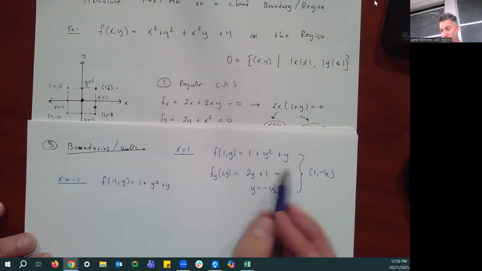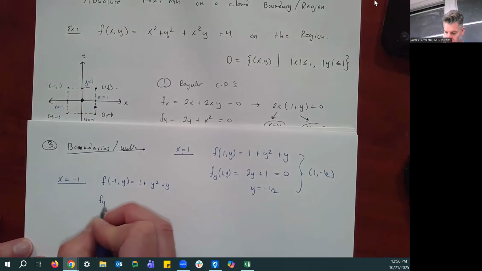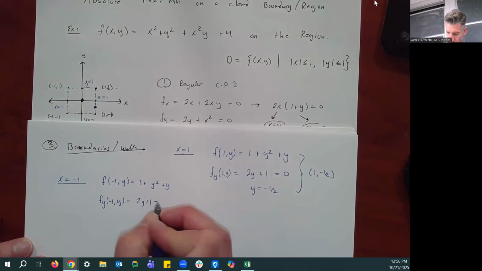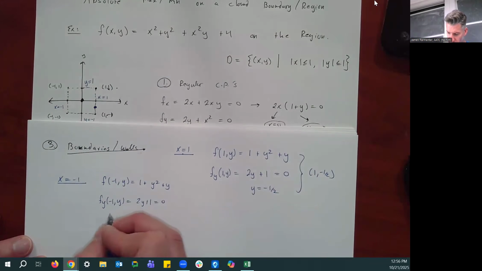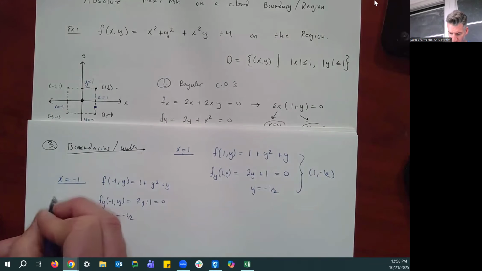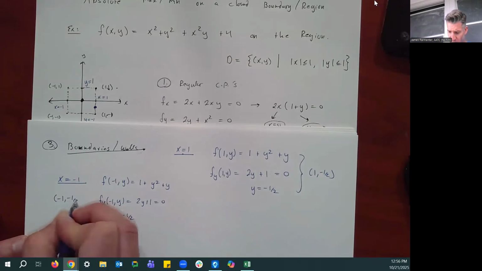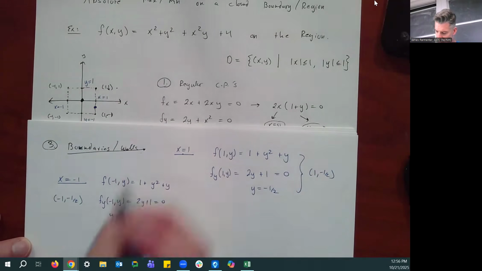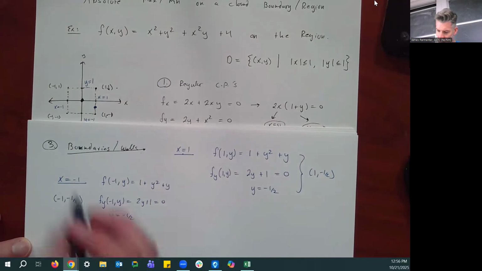That's the same as we had over here, so the partial derivative should still end up being the same. It's still going to be 2y plus 1. Set that equal to 0, you're going to get y equal to -1/2. So we also have -1 comma -1/2 as a boundary critical point. So x is -1, y is -1/2, right there.